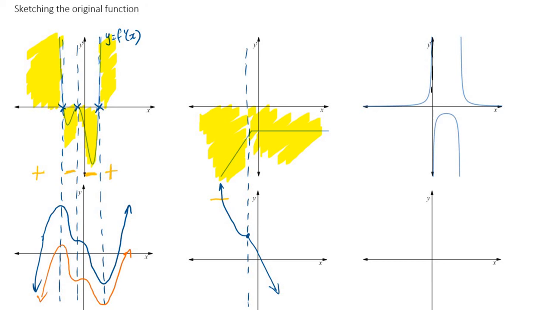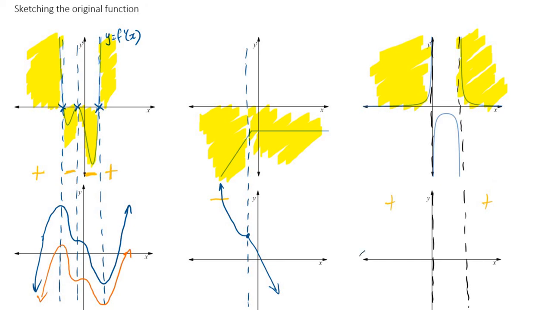I do want to split up the asymptotes again because asymptotes in the derivative will also be asymptotes in the original function. And what we have here is a positive gradient always, a positive gradient always, starting off not very positive, and getting more and more positive, starting off very, very positive and getting less and less positive.